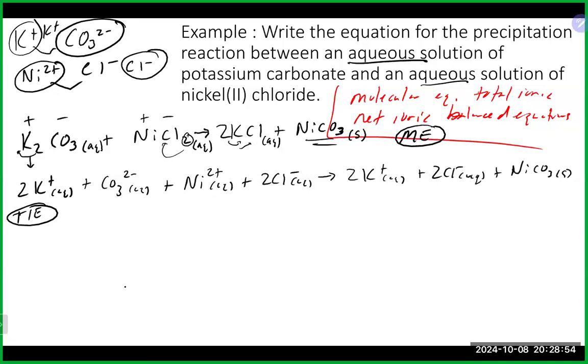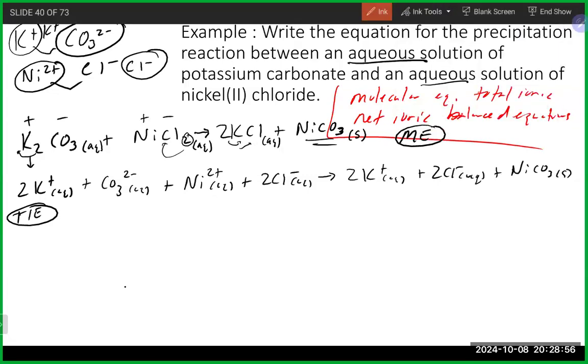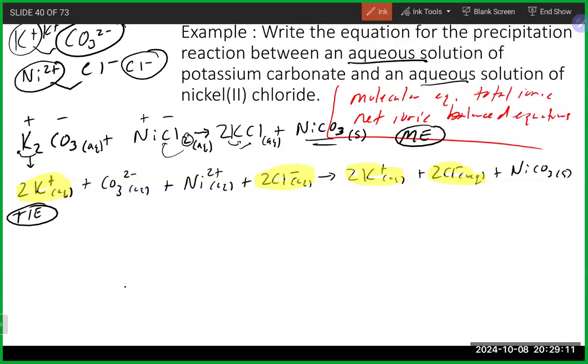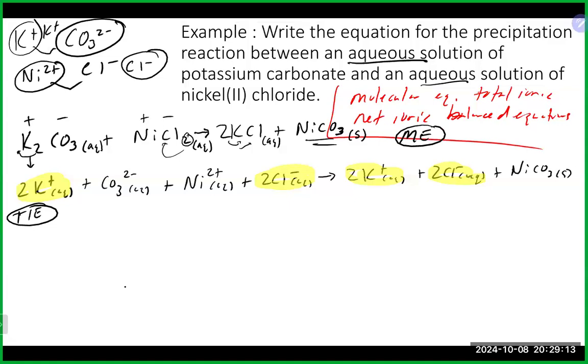My spectator ions in this case are, if I look on both sides, I see potassium and I see chloride here on both sides. Again, as I mentioned before, you should have the exact same amount of those ions on both sides. Otherwise, you messed up balancing or something like that. So these would obviously be our spectator ions.